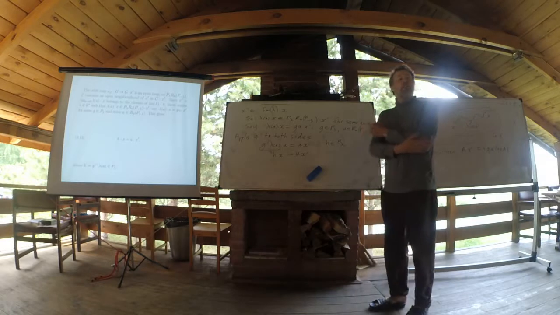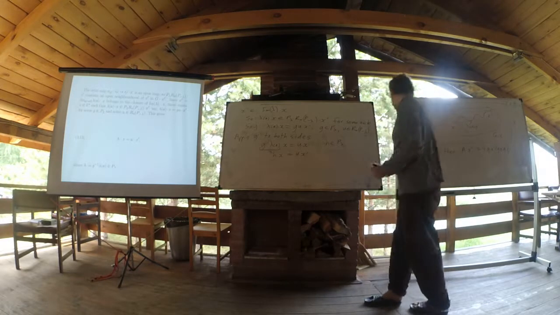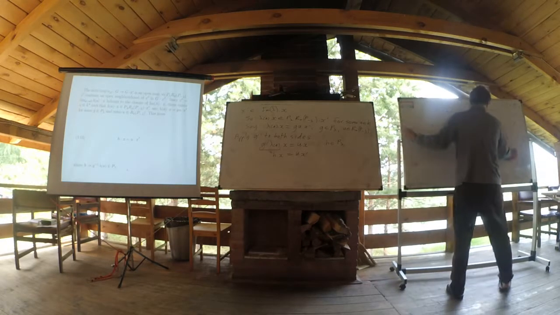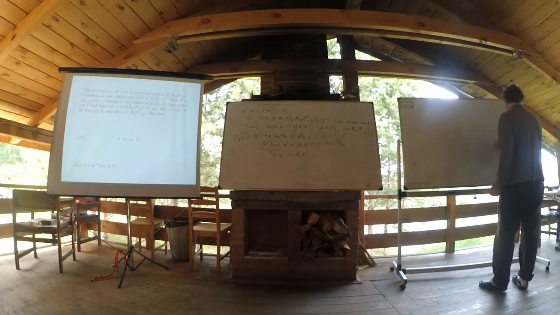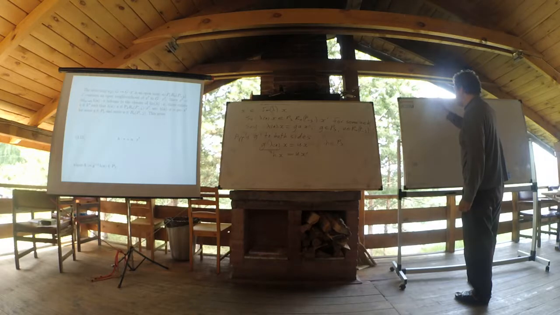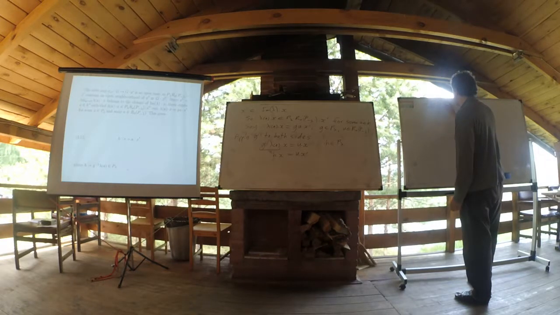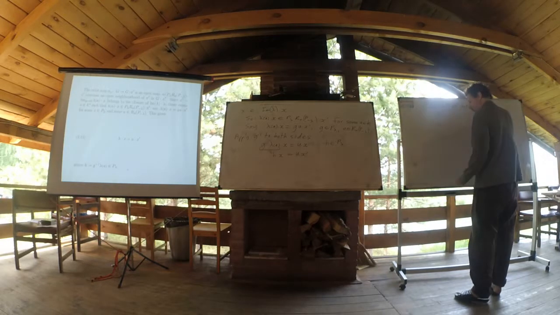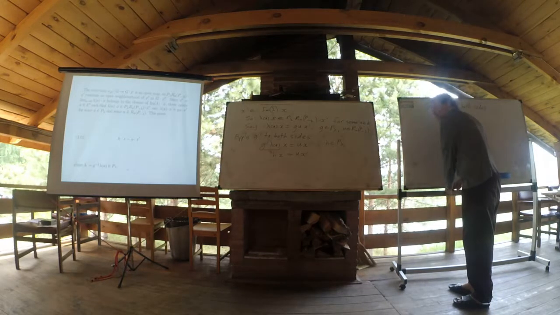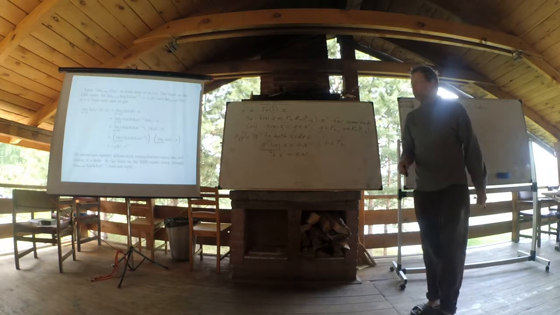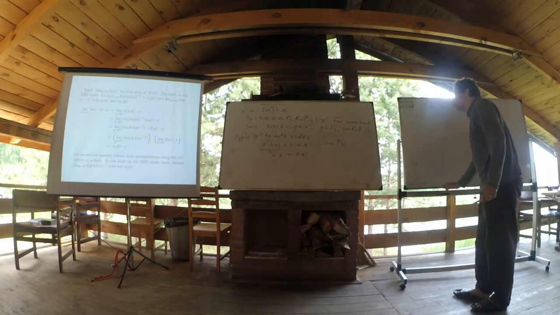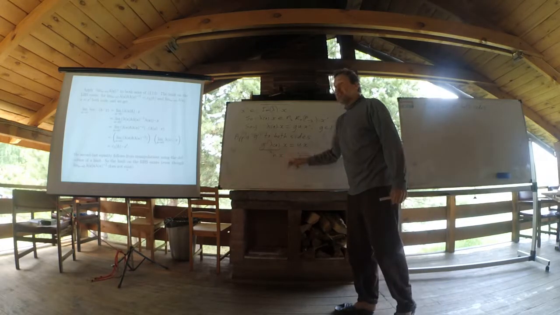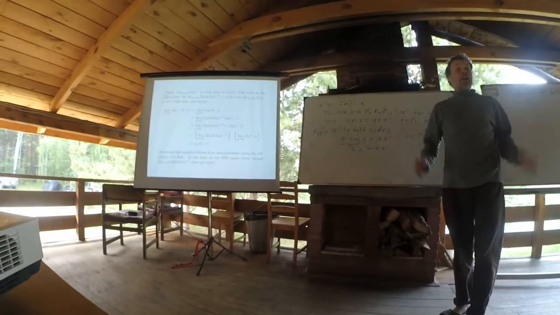Now we're going to take the limit of both sides. The left-hand side exists, that's because both of these limits exist, and the limit of the product is the product of the limits.